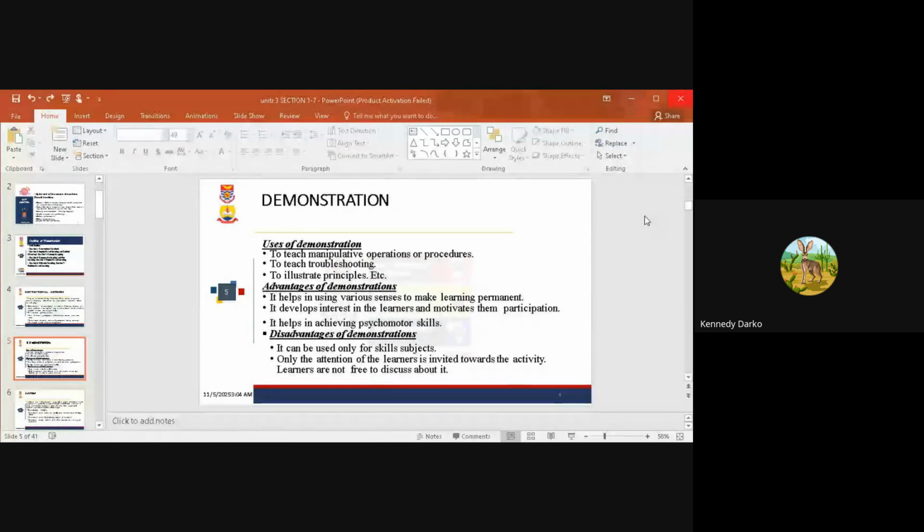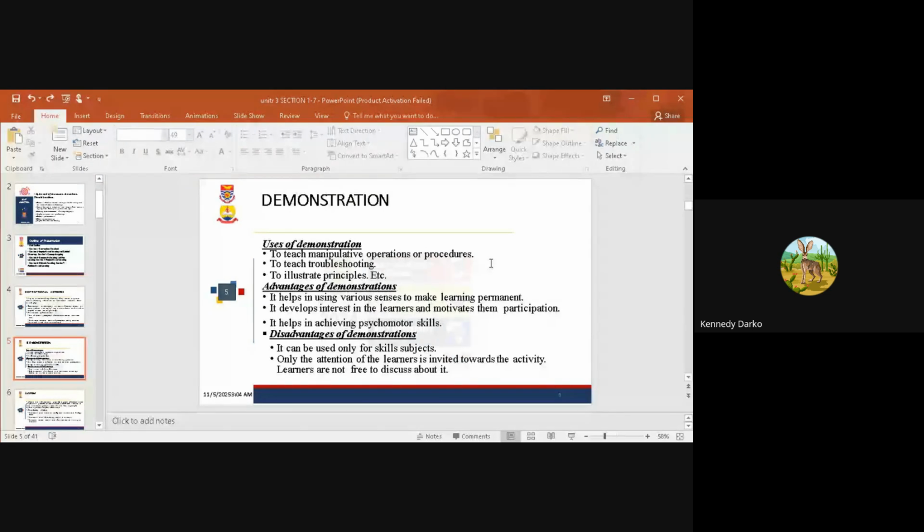Then we'll look at the advantages of the demonstration lesson. We are saying that it helps in using various senses to make learning permanent. Because we have different senses, we have the kinesthetic, where we use our muscles, our fine muscles, our hands, our legs.